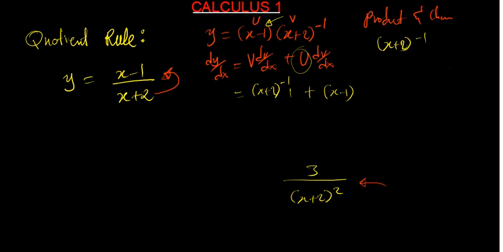So for us to differentiate this, we use now the chain rule. So let's make what is inside to be equal to t. So that will be t is equal to x plus 2. So that means this can also be written as y is equal to t to the power negative 1. Isn't it?